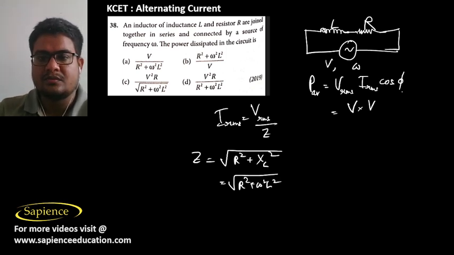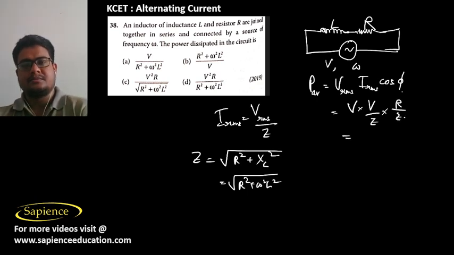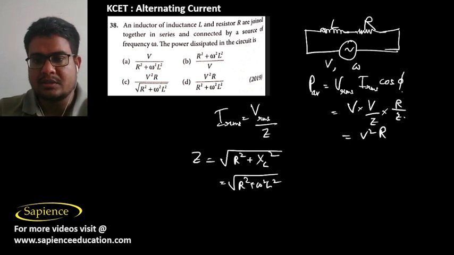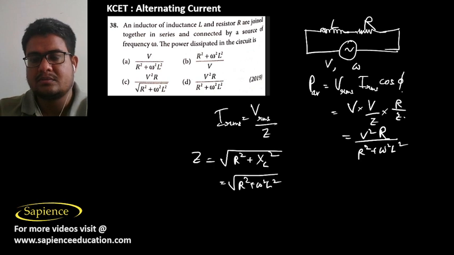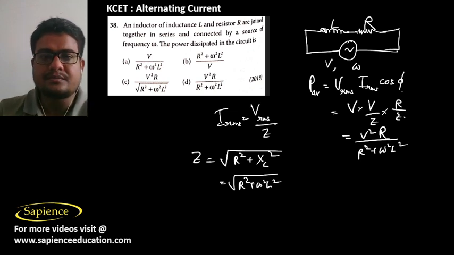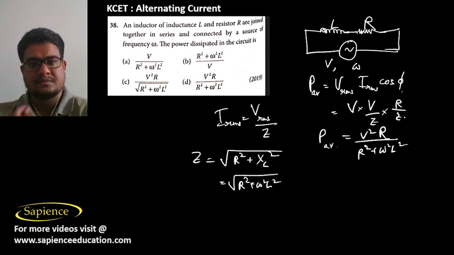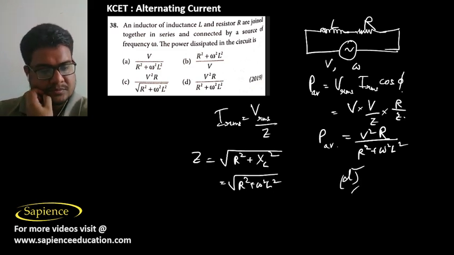This is V into V by Z into cos phi, that is R by Z. That will be V square R by Z square, that is V square R by R square plus XL square. This is the average power that is dissipated in the circuit. Option D is the correct answer.